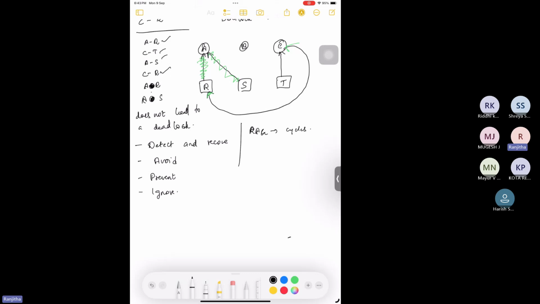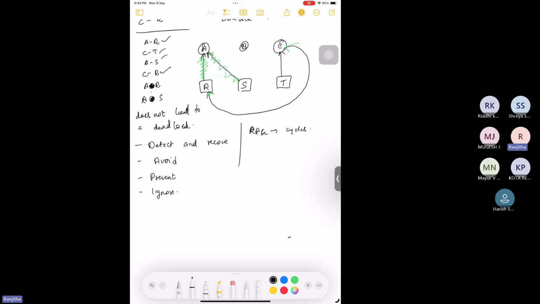So what we have to do is look at the current allocation. If the operating system wants to detect it, it has to see how many resources are allocated to each process, how many requests are made by each process, what is the maximum number of available resources, and what the needs are. All this information needs to be checked to see whether any deadlock situation is present or not.